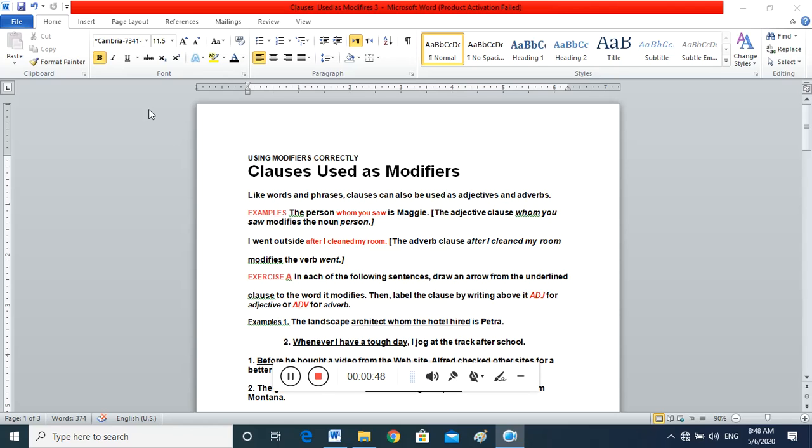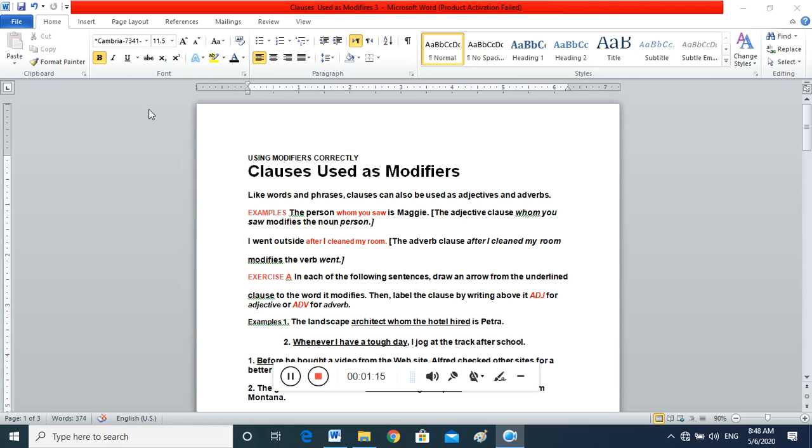We saw individual words used as adjectives and adverbs, like slow, slowly. We also saw some prepositional phrases, noun phrases, and participle phrases used as adjectives or adverbs. And we said if the word or the phrase describes a noun, it becomes an adjective.